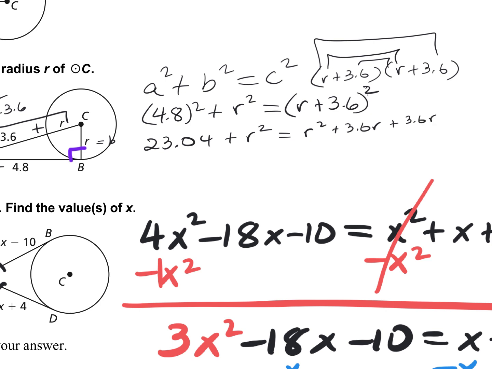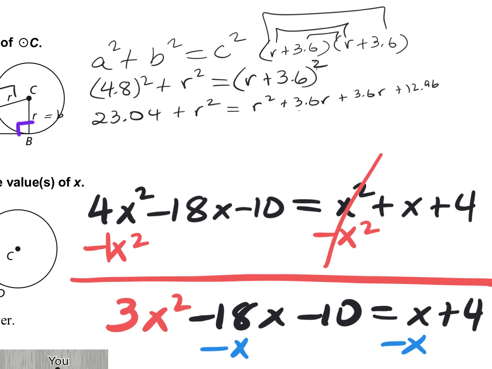And then 3.6 times 3.6 is going to give me 12.96. So now I need to add my like terms here, and 3.6 plus 3.6 is 7.2r.